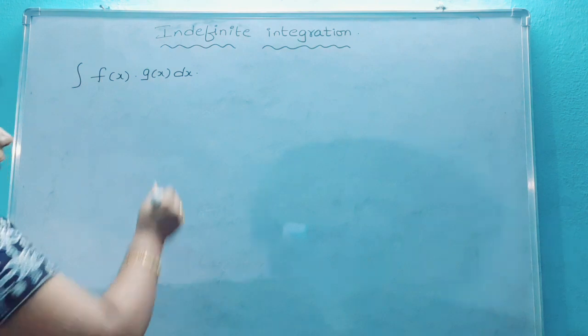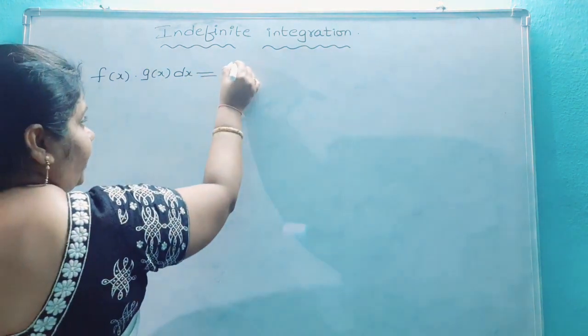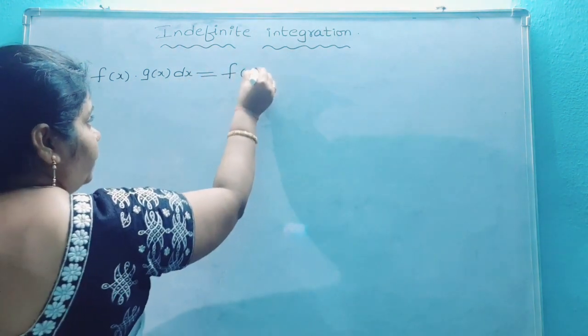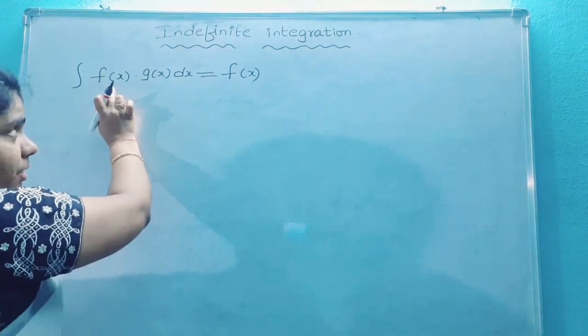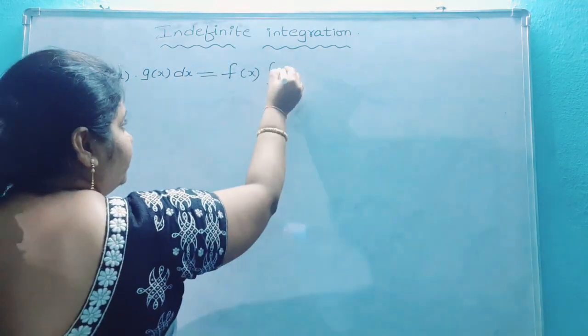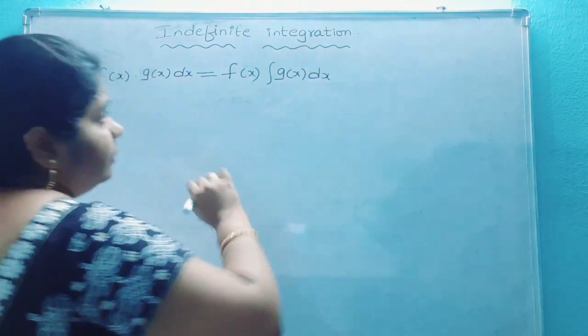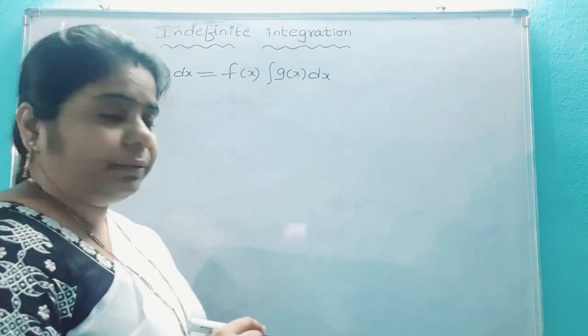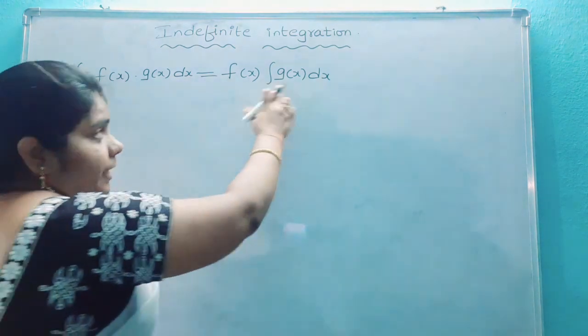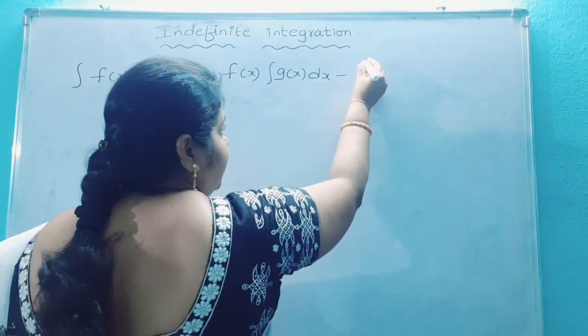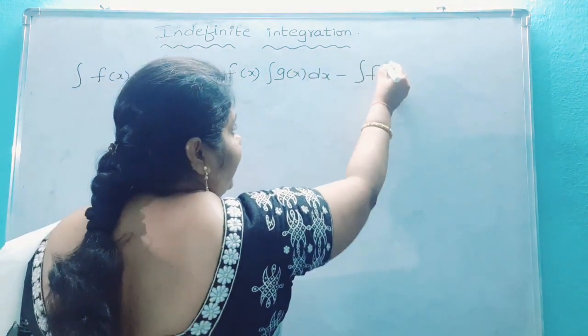We are applying the formula: f of x, first function, into integral of g of x dx, integral of the second function, minus integral of f dash of x.